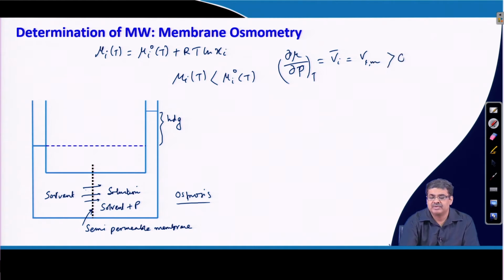This is always a positive quantity, hence the chemical potential will increase with increase in pressure. So as the pressure increases, at one moment the chemical potential of the solvent on both sides will be equal and equilibrium will be achieved. Once equilibrium is achieved, the corresponding additional pressure is called pi, the osmotic pressure.